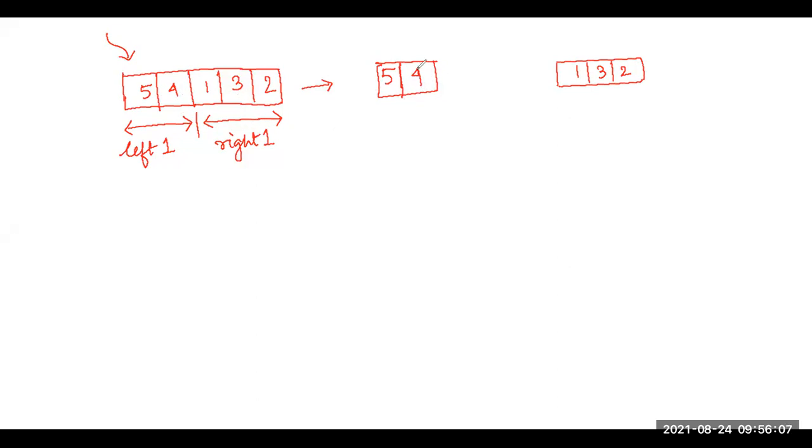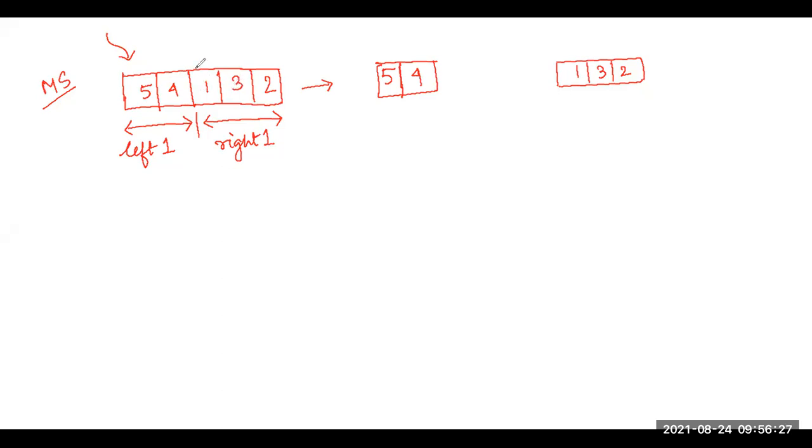So once I have this array, I will call the merge sort algorithm. This algorithm will work on this array and divide it into two roughly equal parts. It doesn't matter; exactly equal need not be there.